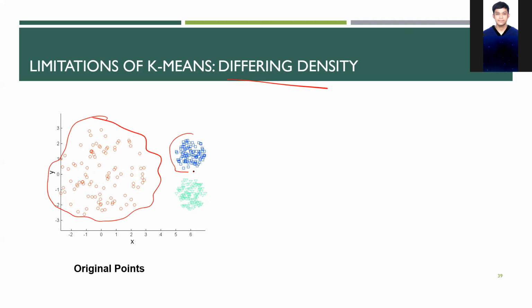And the blue one's density is quite high, and the green one is also quite high. So if we also consider the density of the clusters, then the result should be like this: cluster 1, the red one; cluster 2, the blue one; and cluster 3, the green one.